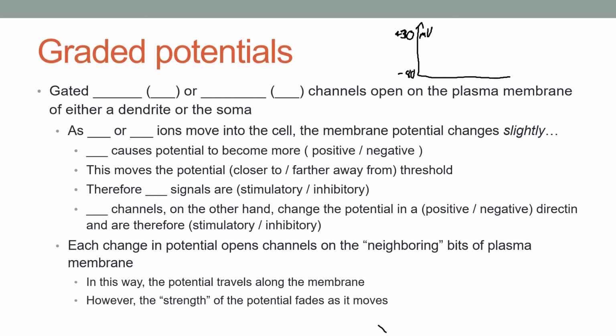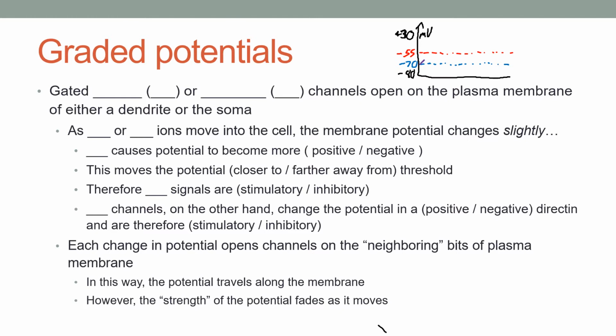And resting membrane potential was about minus 70. And you recall that at about minus 55, there was what we call threshold potential that you had to reach to get an action potential.